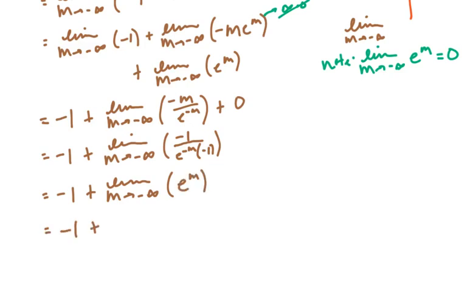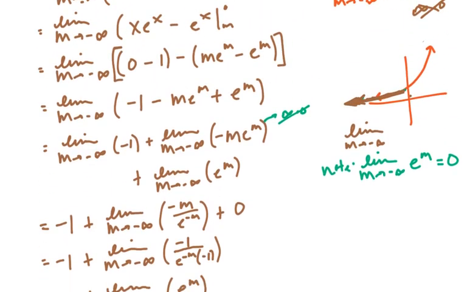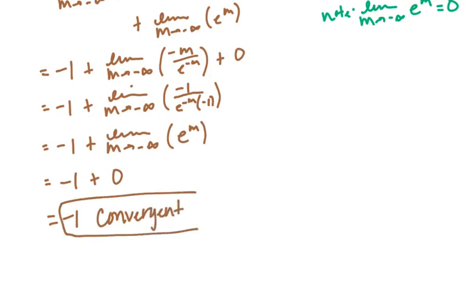And we already know this is 0. Let's go back to this graph, because as I read my e to the x graph out to negative infinity, I approach 0 for the y value. So this answer is negative 1. Now, since we have a finite answer, I started to write divergent, got carried away there. Since we have a finite answer, this answer is convergent. We have a finite answer, therefore the integral is convergent.